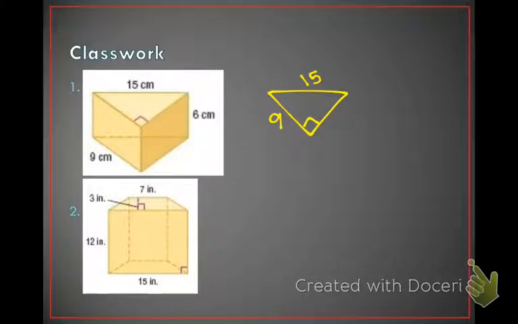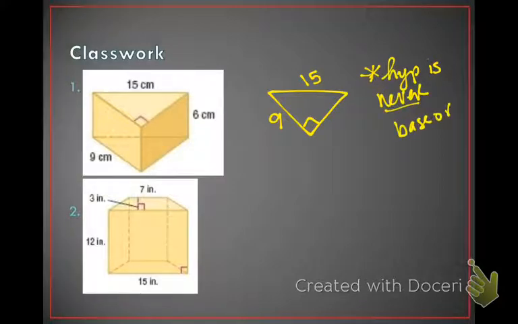Here's what I want you to write down. What kind of side is 15? The hypotenuse is never the base or the height. Never. So whenever you're finding the area of this triangle, will you use the number 15? No. You would use this missing side right here.